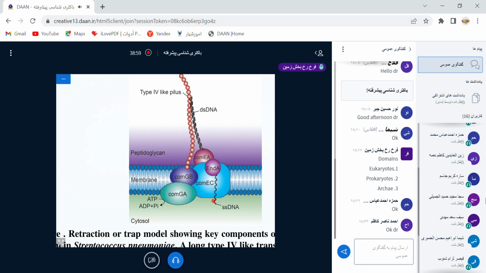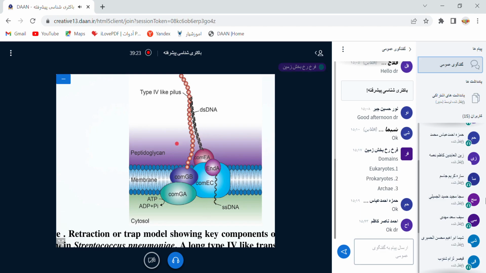So, number one, type 4 pili is used for conjugation. Number two, it is used for motility. Number three, for transferring foreign DNA fragments from the environment to the cytoplasm.